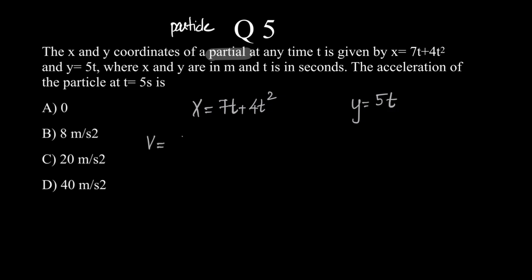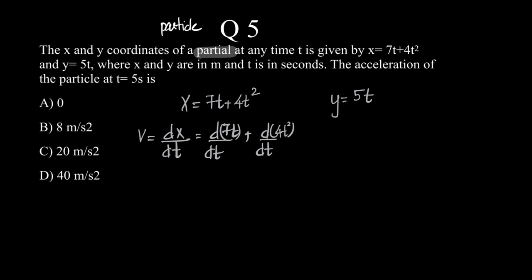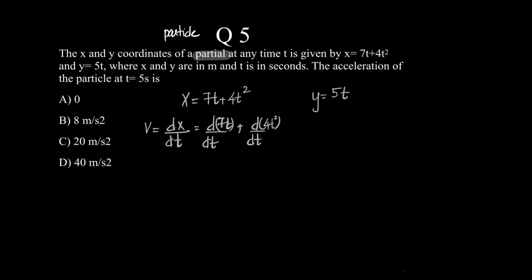So we know that v is equal to d by dt of x, which is equal to d by dt of 7t plus d by dt of 4t square. Similarly, Vy is equal to d by dt of y, which is d by dt of 5t.